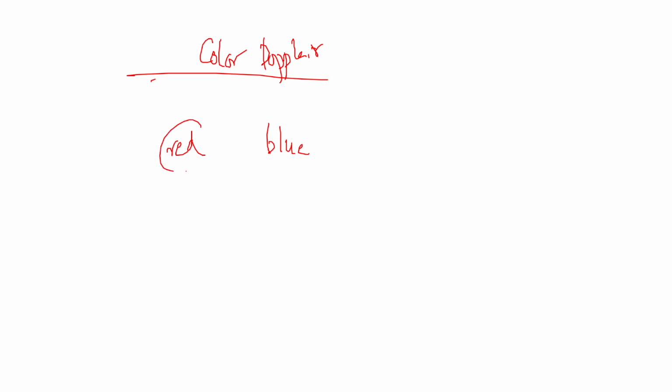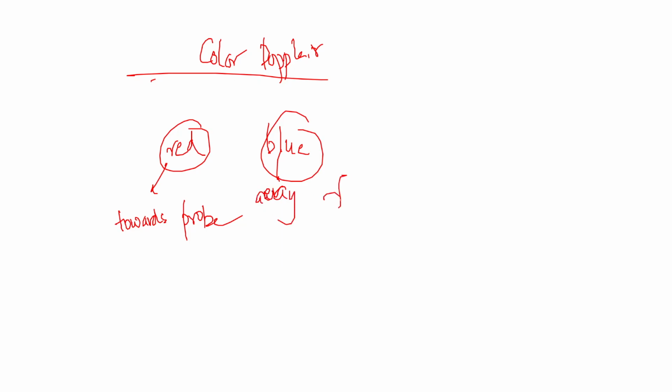Red color is towards the probe, whereas blue color means away from the probe. So this color mapping indicates the direction of the flow and also the velocity of the flow.